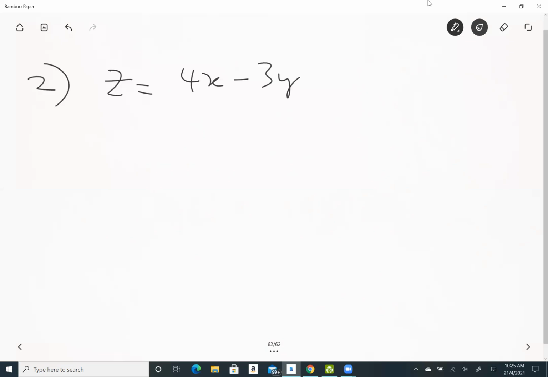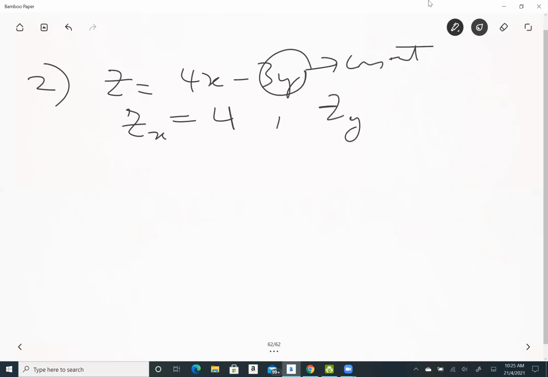So now I want to find the derivative of the function z with respect to x. What is it equal to? 4. That's a constant. And then zy, what is it? Negative 3. That's a constant. So negative 3.